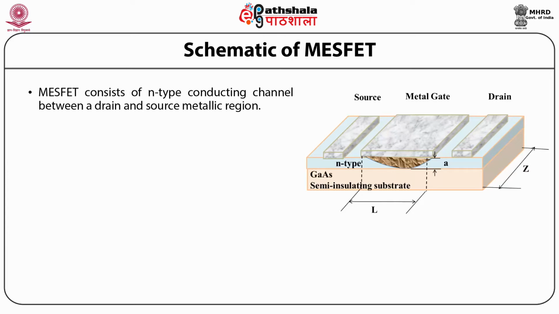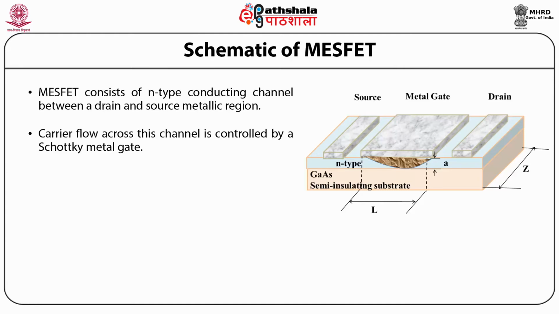Ohmic metal contacts are provided at the two ends of the N-type semiconductor to serve as the source and the drain. A Schottky metal contact is also made with the semiconducting layer to act as the gate, as shown in this figure.